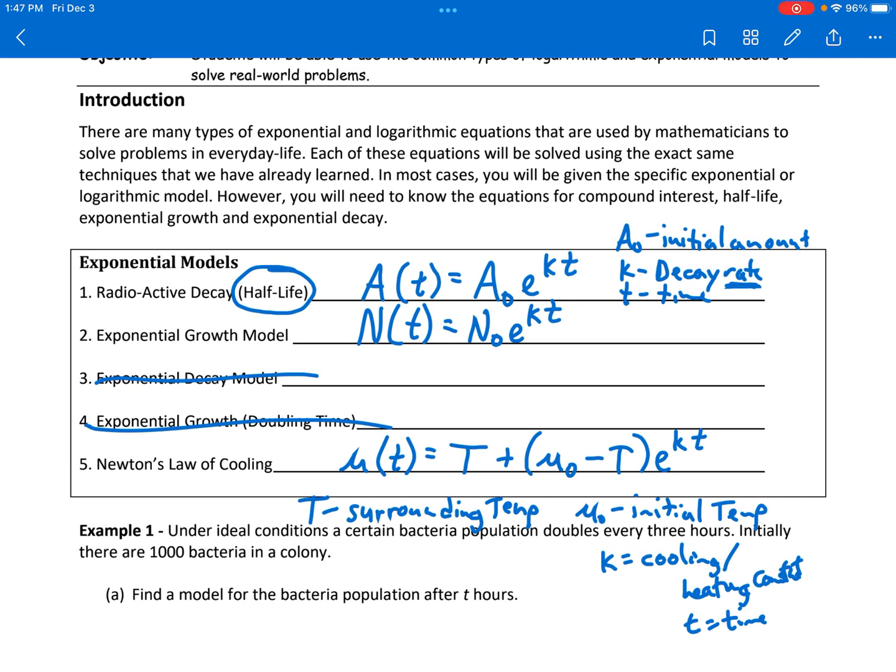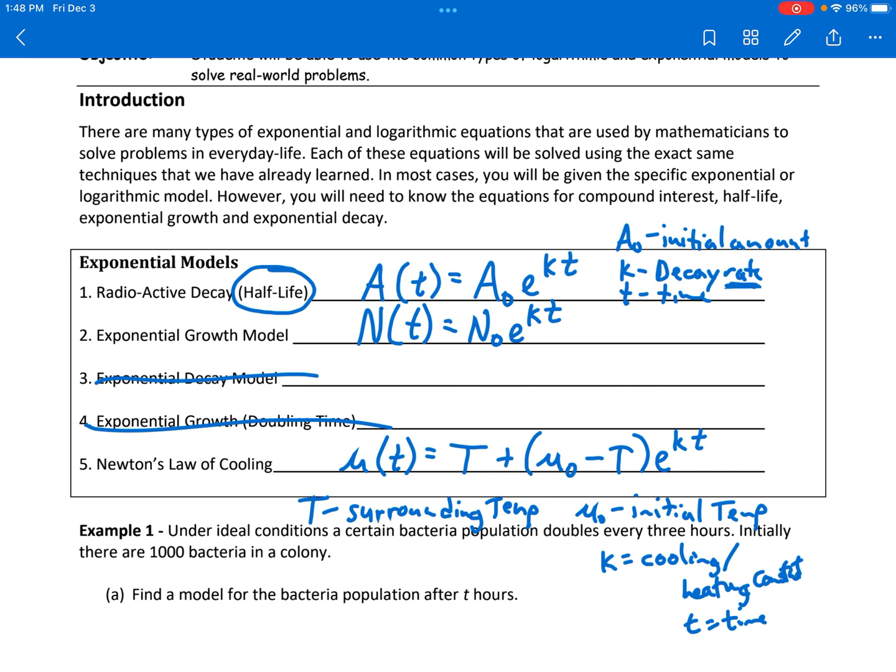So the first thing we need to talk about is radioactive decay and what it is. It's definitely something that is pertinent in your lives. When you get an X-ray, that's radiation. We use radiation treatments for cancer. A radioactive material loses itself over time, and we call that half-life.